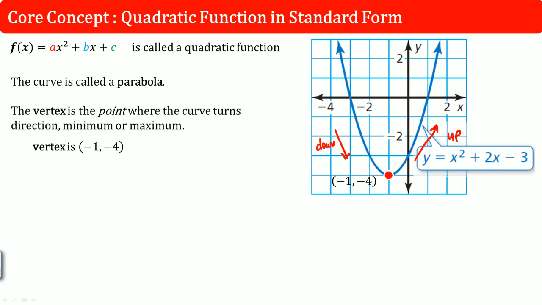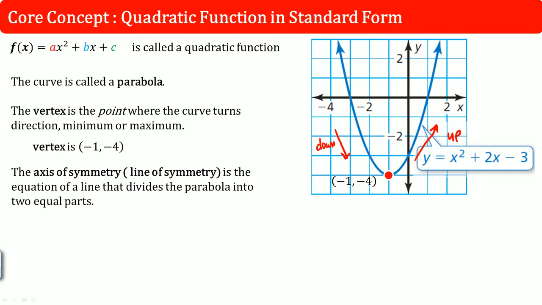From the vertex, we can determine the line of symmetry, or the axis of symmetry. In this case, it's considered to be a line. It is the equation of the line that divides the parabola into two equal parts.